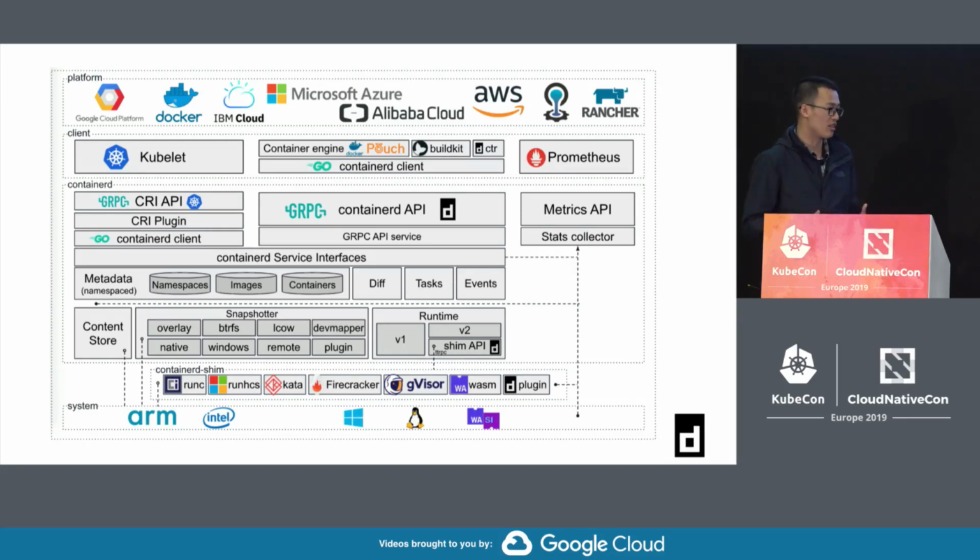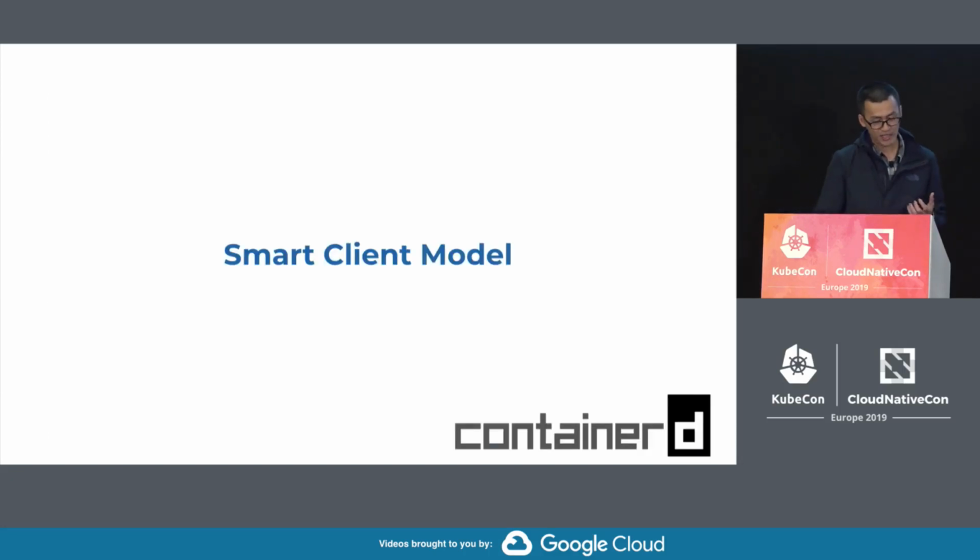Unlike usual, containerd doesn't provide a general-purpose API on the server side, like pull or push. So who is going to provide a general-purpose API to make integration easier? The answer is the smart client.